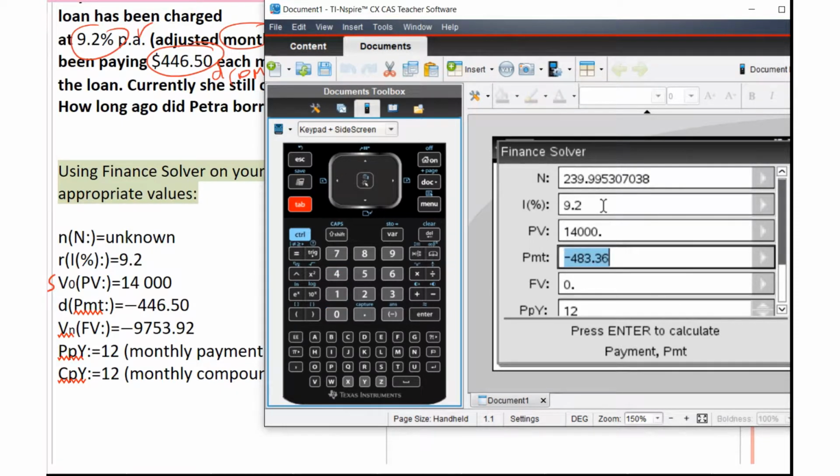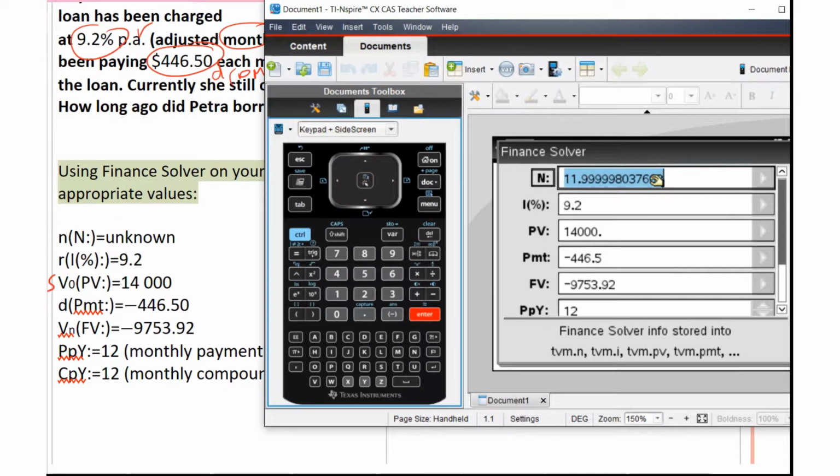Our payments are negative 446.5. Our final value is negative 9753.92, and it's 12. So I need to go back up to my payments and press enter.